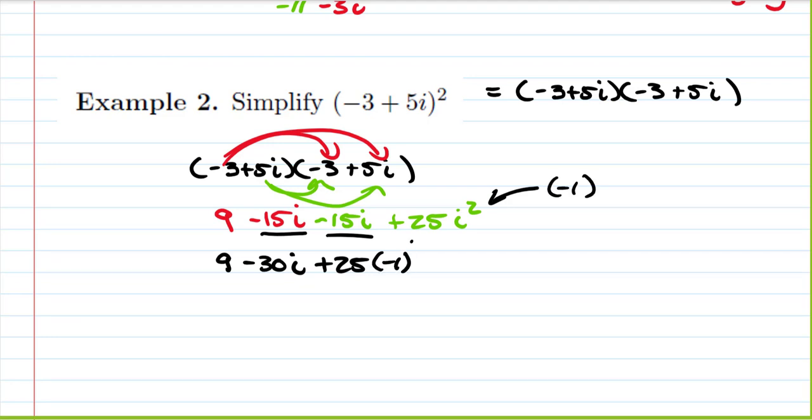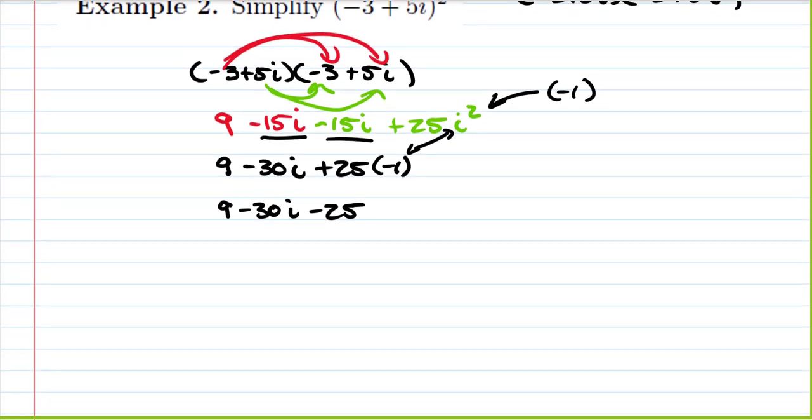So our i squared is going to get replaced with a negative 1. So I have 25 times negative 1. So I get 9 minus 30i minus 25. So then 9 take away 25 gives me negative 16 take away 30i.